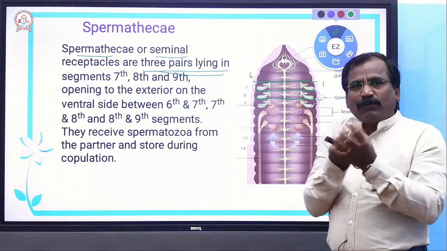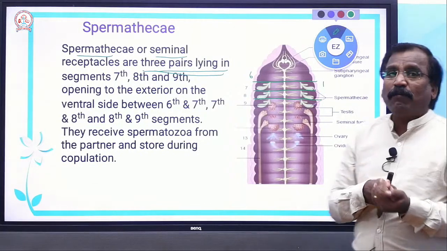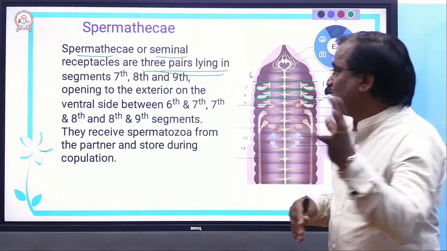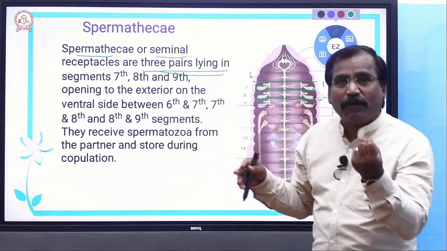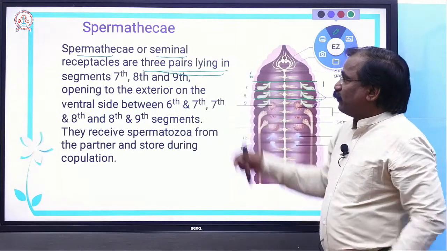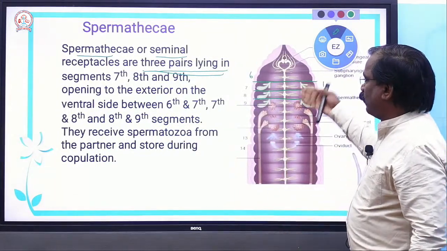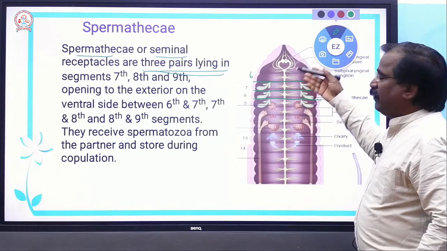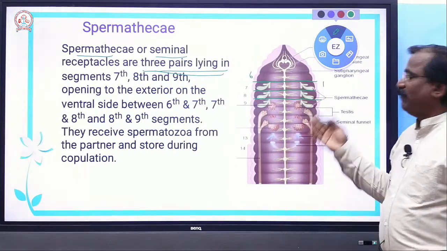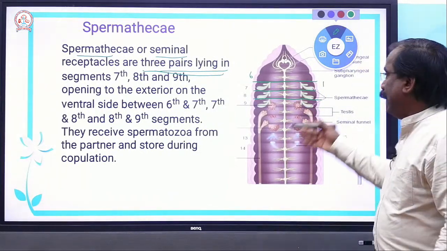Theca means chamber or compartment. They are located intersegmentally: between 6 and 7 one pair, 7 and 8 another pair, 8 and 9 another pair.